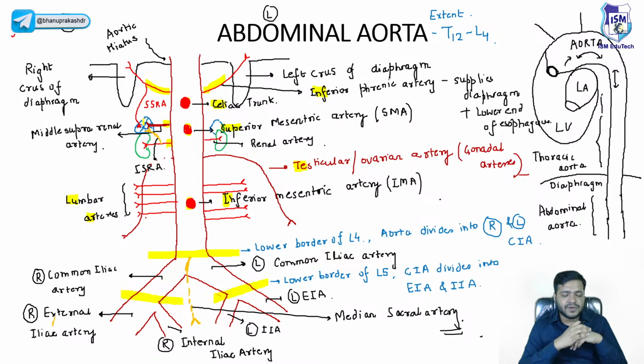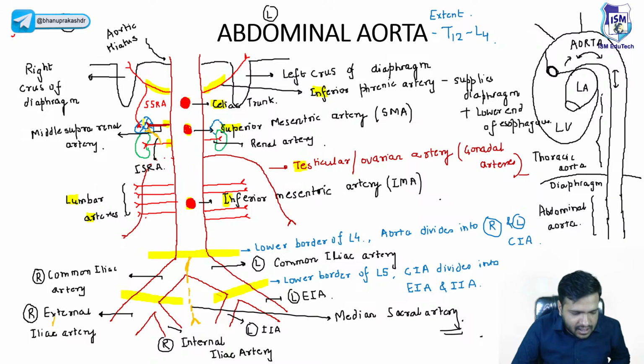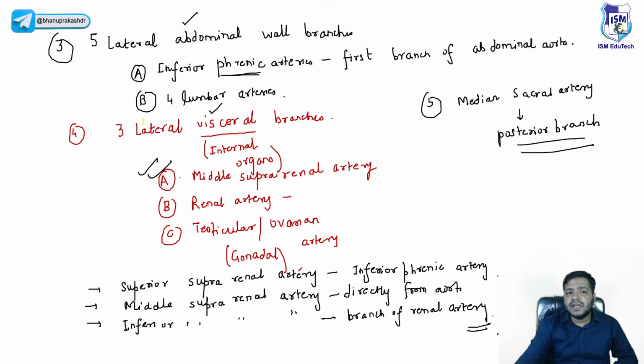The superior suprarenal artery is coming from the inferior phrenic artery, and the inferior suprarenal artery is coming from the renal artery. Only the middle one is the direct branch from the aorta. The superior one from the phrenic artery, and the inferior one from the renal artery. I hope this picture is clear to everyone, along with the notes that I have already made you write, like these 5 points.